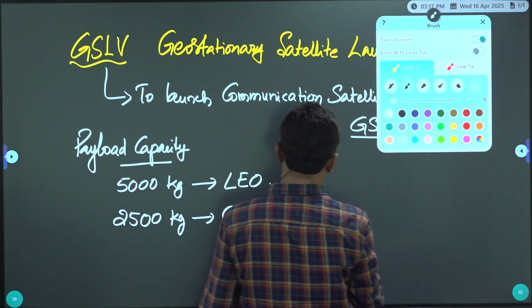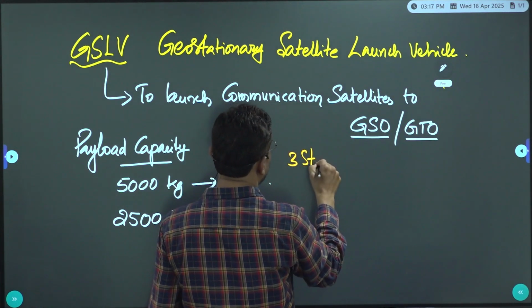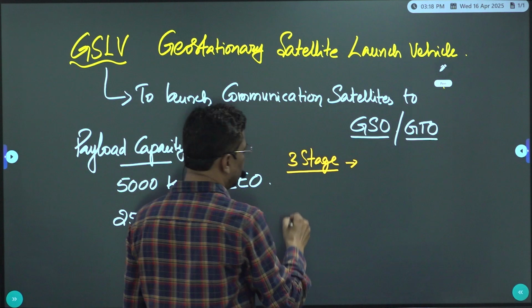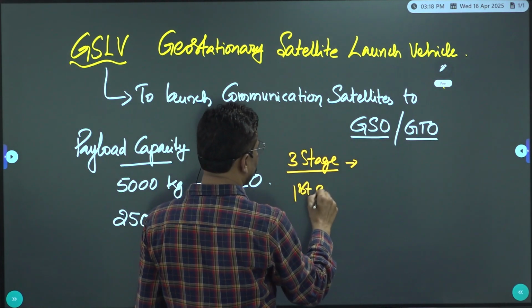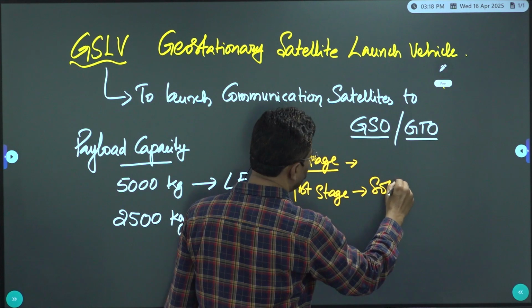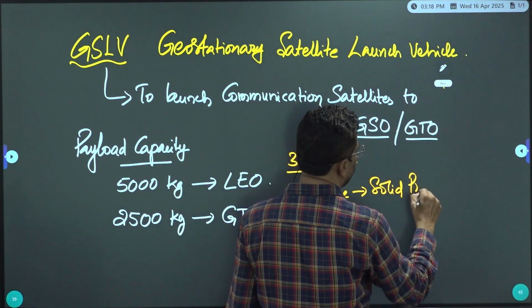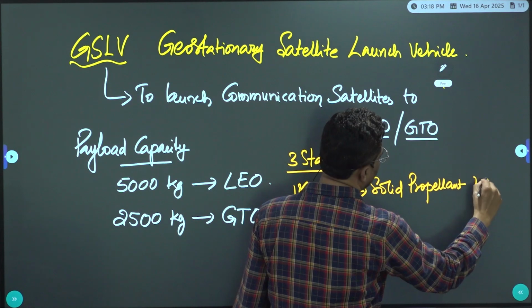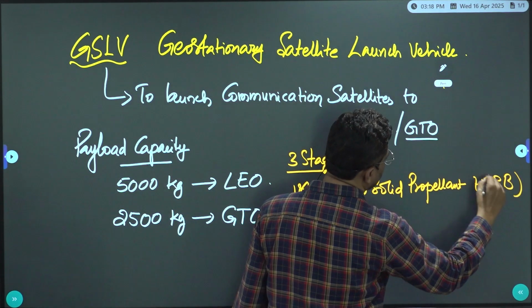And it is a three-stage rocket. In the first stage, it carries solid propellant called HTPB, that is hydroxy terminated polybutadiene.